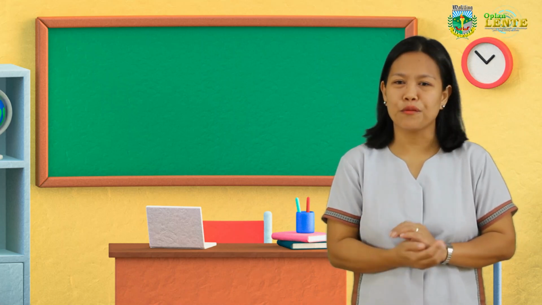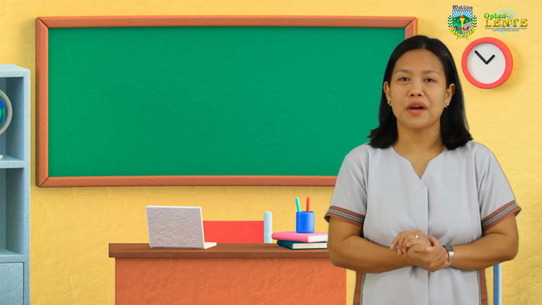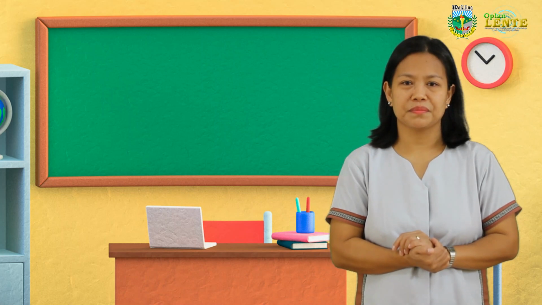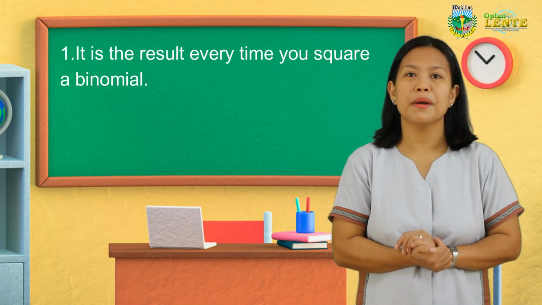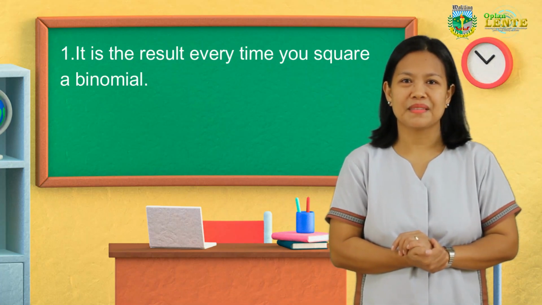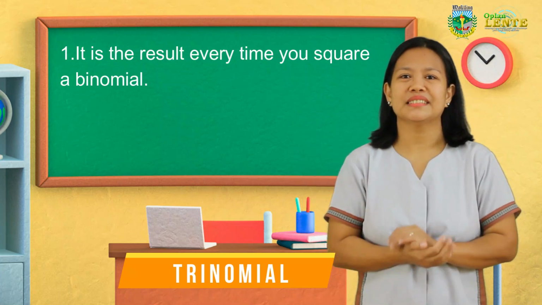Let's see how far you have learned from our topic today. Kindly answer the following in your answer sheet. For question number 1, what is the result every time you square a binomial? The answer is a trinomial. Very good!